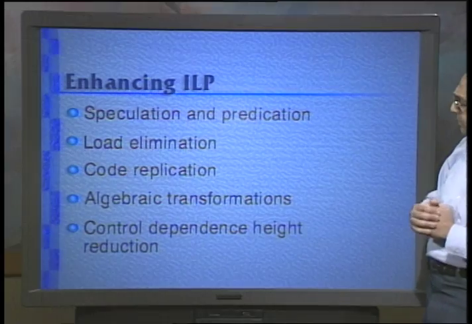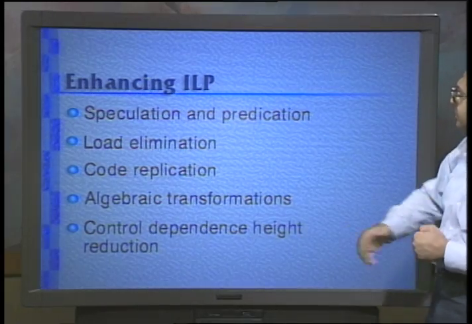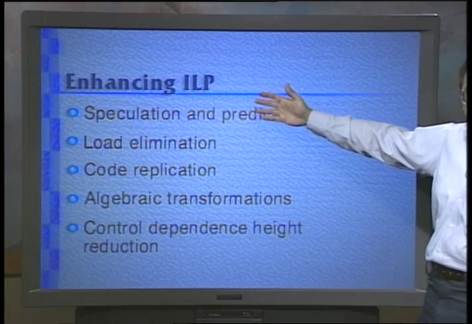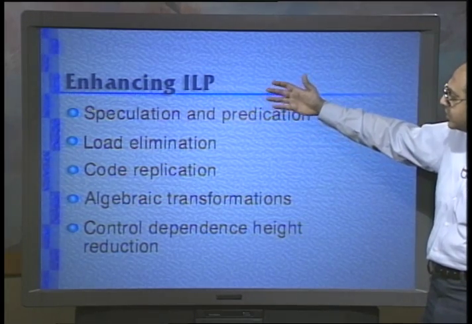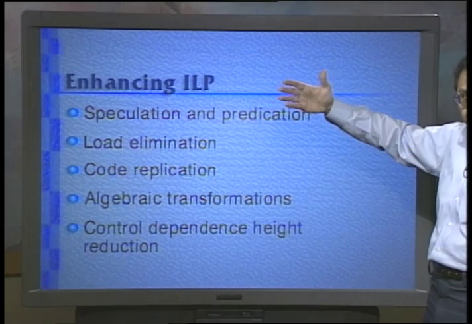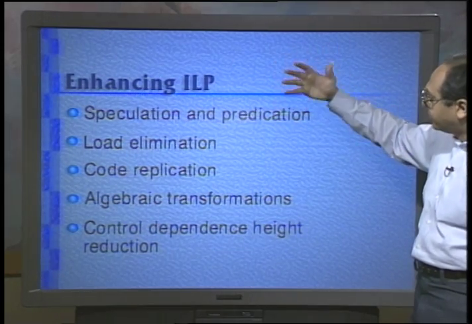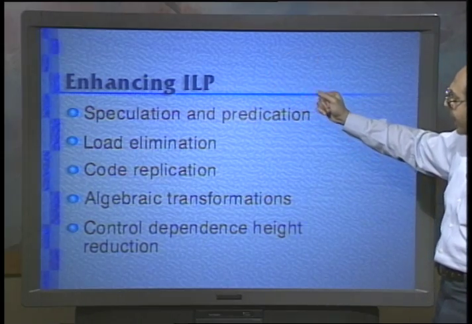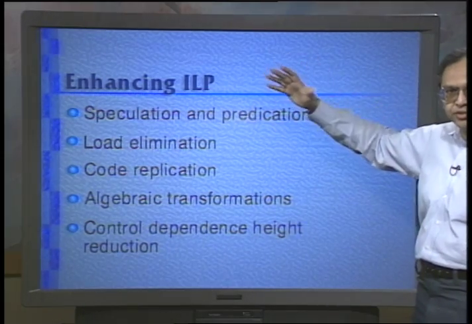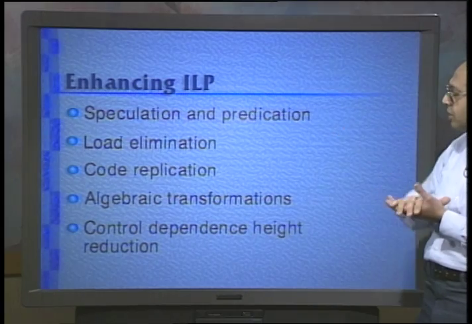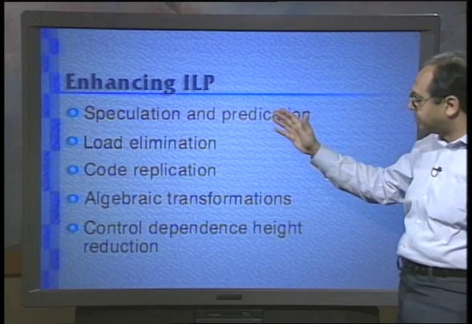We've already seen a couple of ways in which this is done. For instance, speculation and predication consisted essentially of ignoring some of those control dependence edges between the compare and the operation, or between the operation and a merge. And by ignoring those edges, we collapse the critical path through the computation, we increase the amount of ILP.